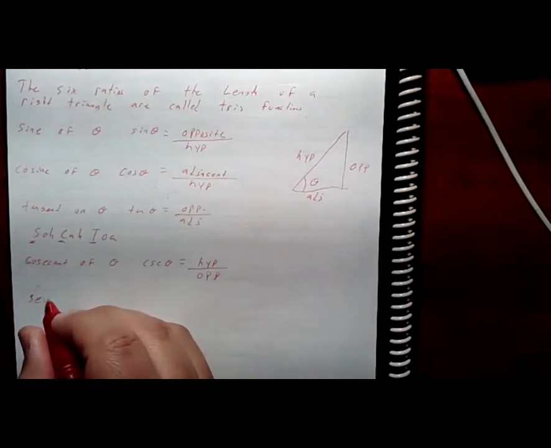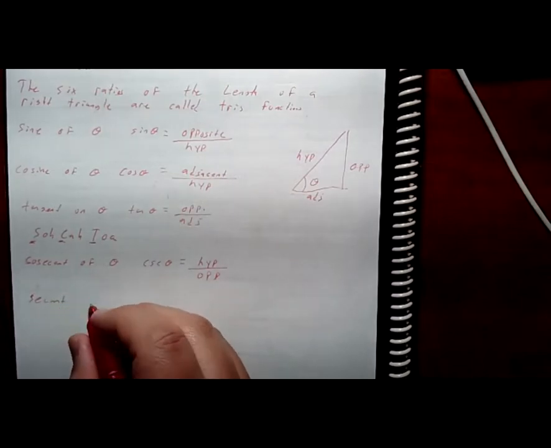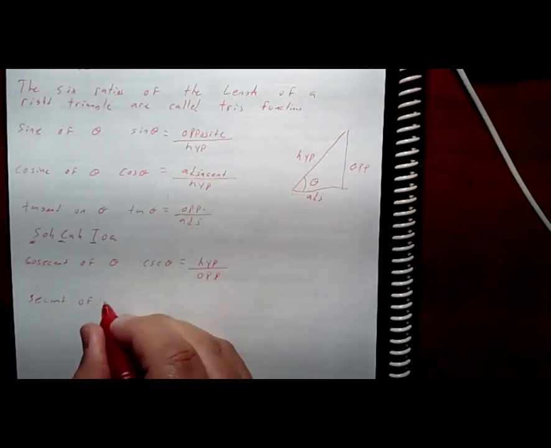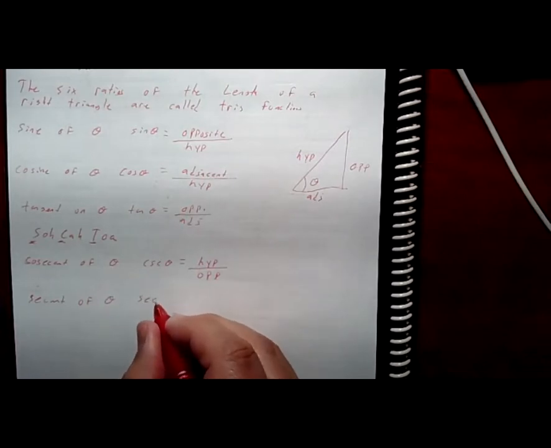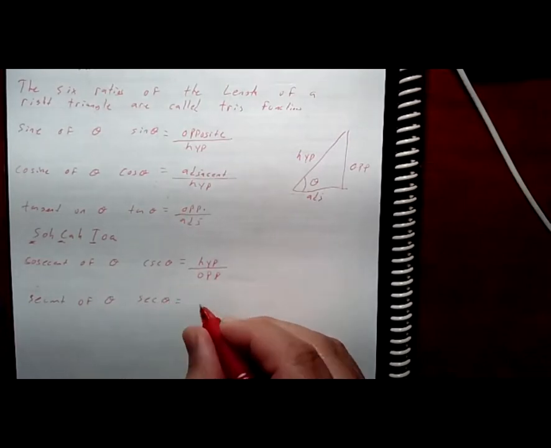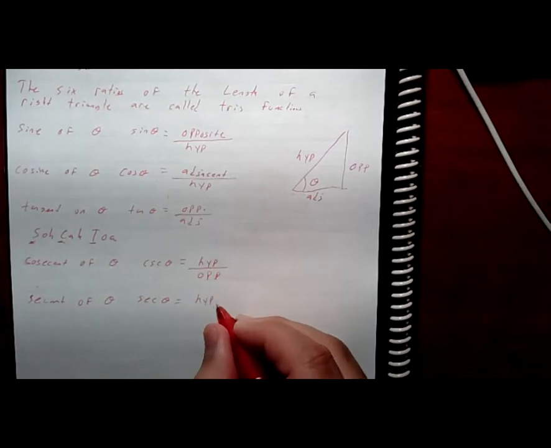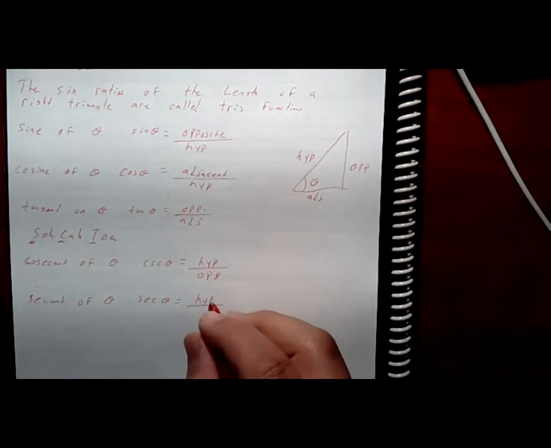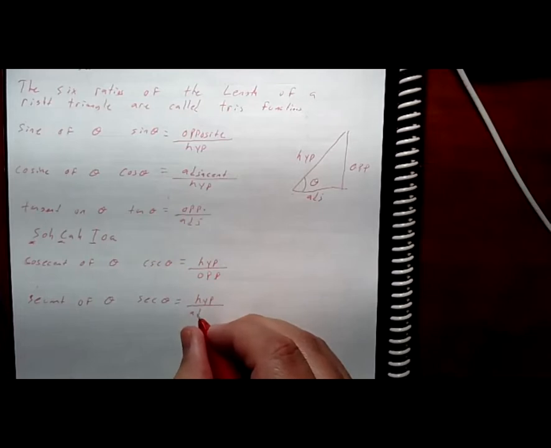Secant of theta, or SEC theta, is equal to hypotenuse over adjacent. So this is the reciprocal of cosine.